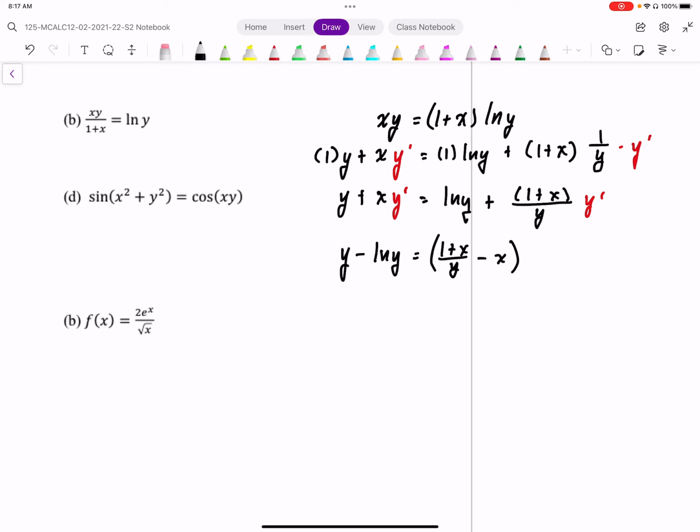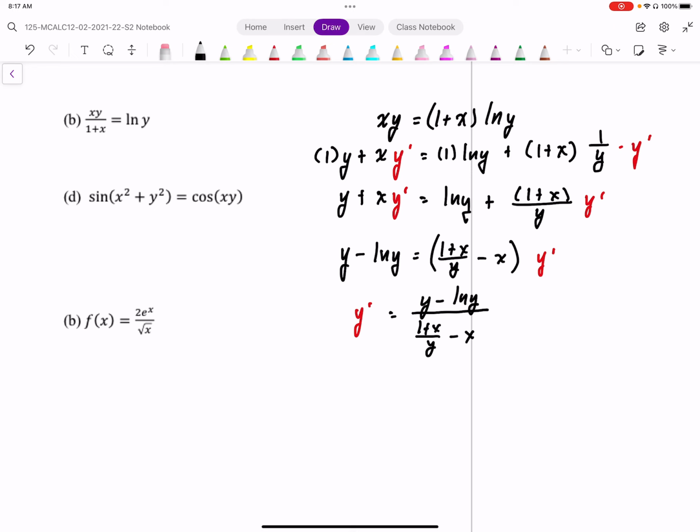I'm going to factor out the y prime. Okay, and then we can solve for the y prime. Y prime is equal to y minus log y all over 1 plus x over y minus x.